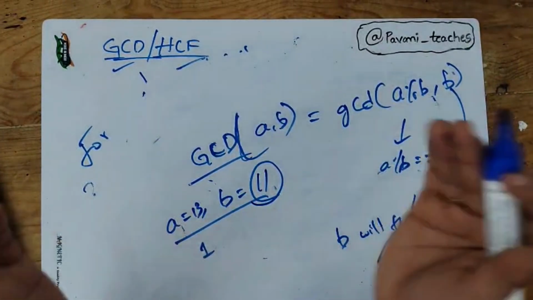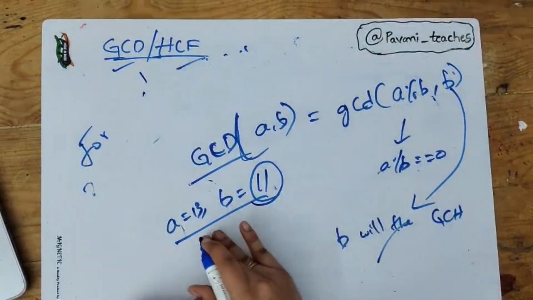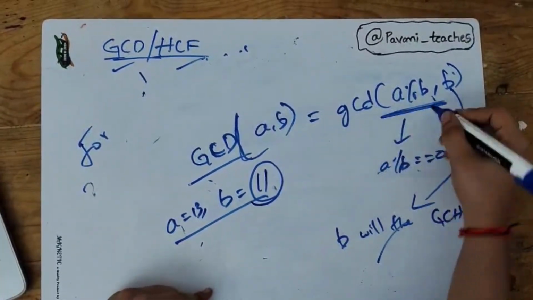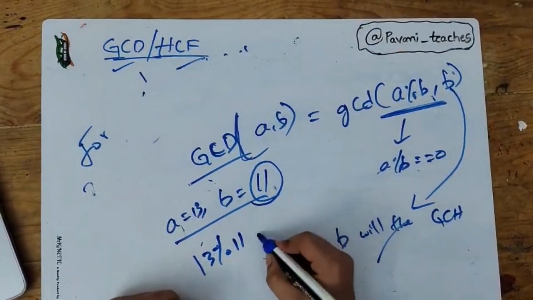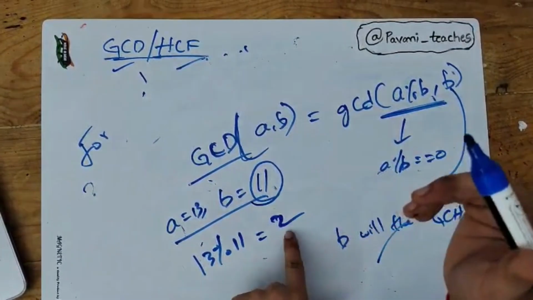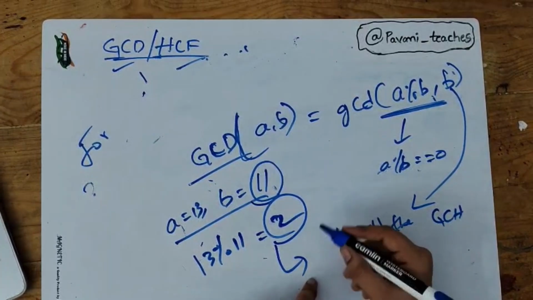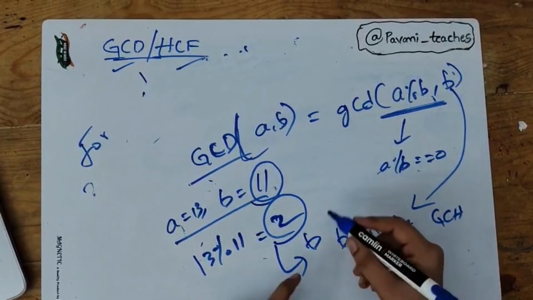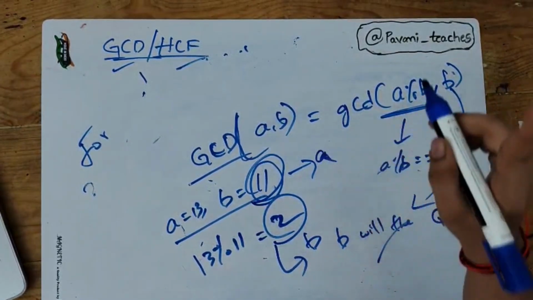But to reduce the iterations, we'll use one method: directly we'll do the operation 13 modulo 11. We'll get 2. Now we'll replace this 2 to the B value, and we'll replace this B value to the A. I hope you got it.